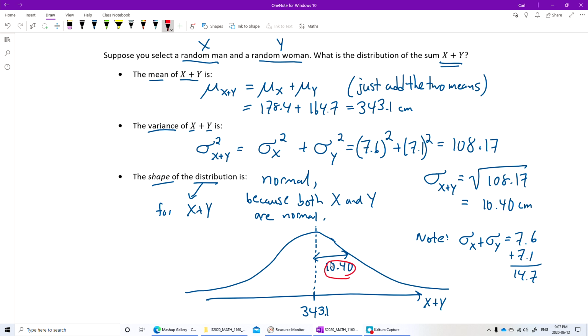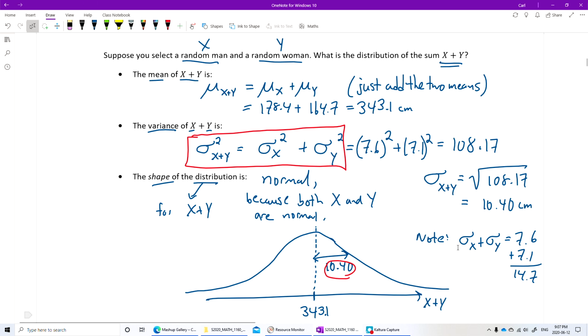The standard deviation here is less than just adding the two sigmas together. It's very important that what is added is the variance. This is probably the reason why we even define variance at all, because when you add two variables, the variances add to get the new variance.